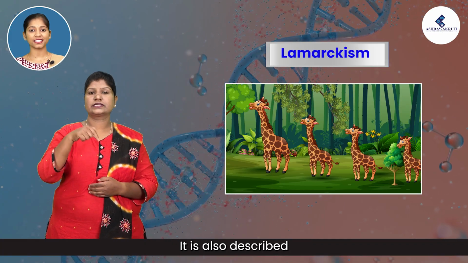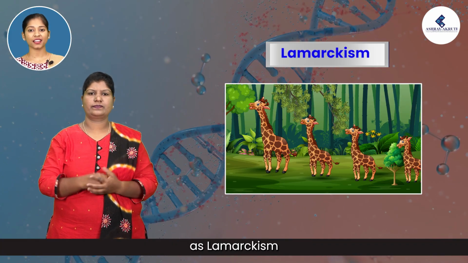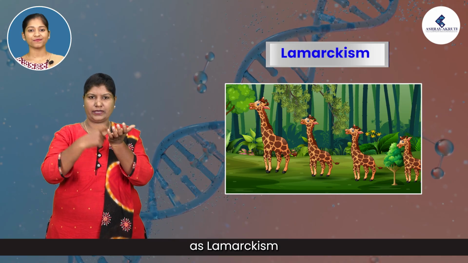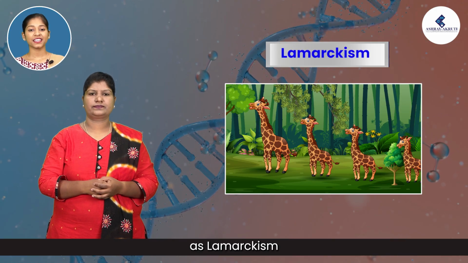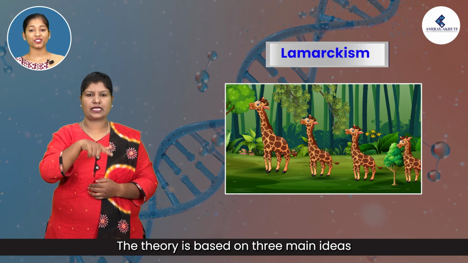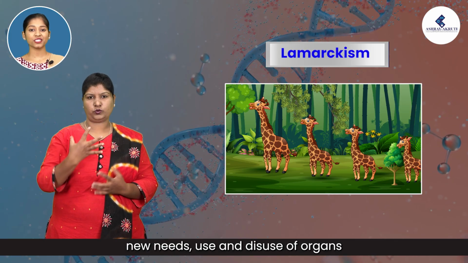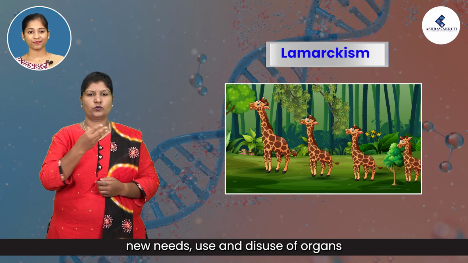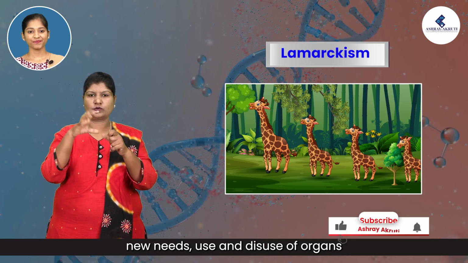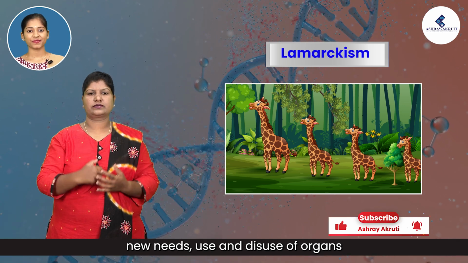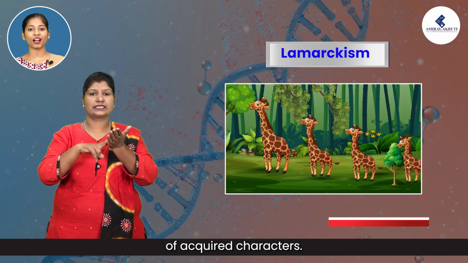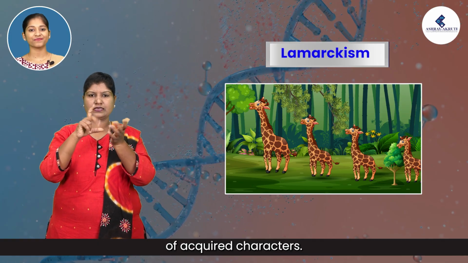It is also described as Lamarckism. The theory is based on three main ideas: new needs, use and disuse of organs, and inheritance of acquired characters.